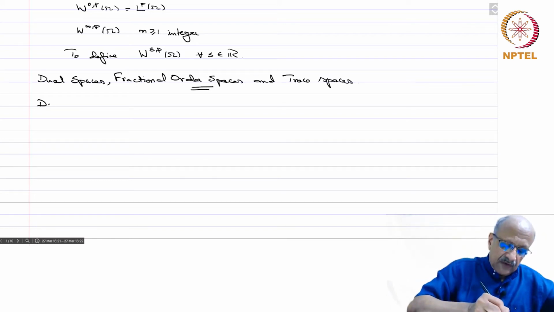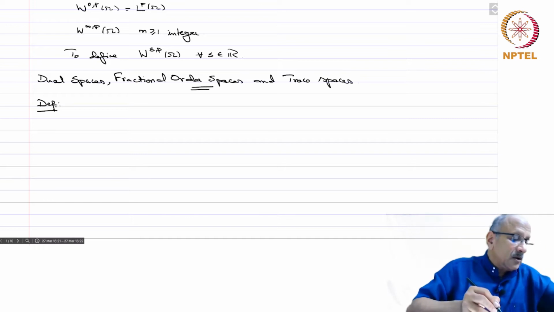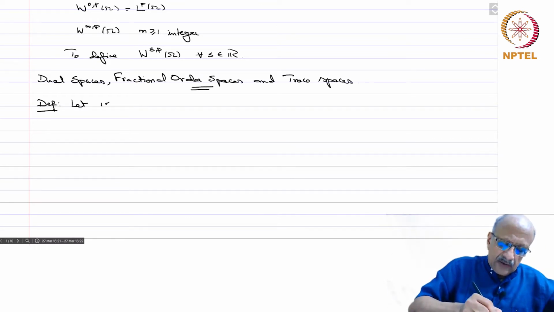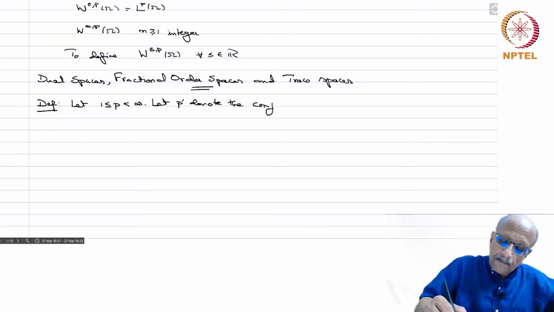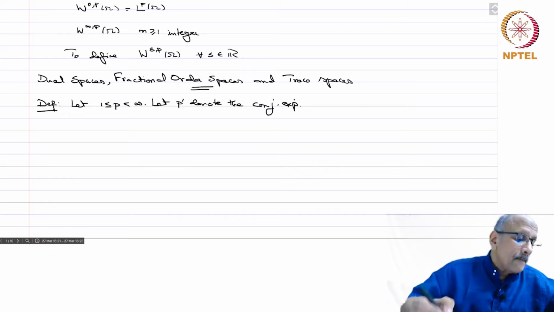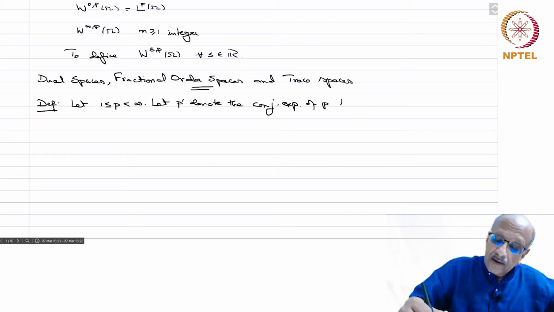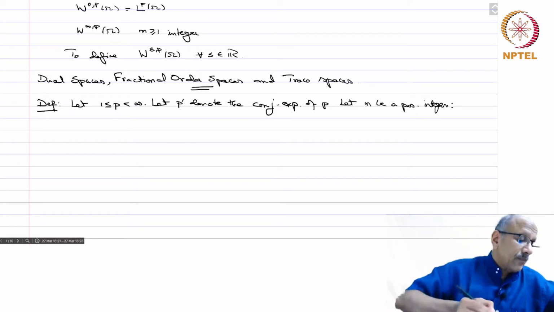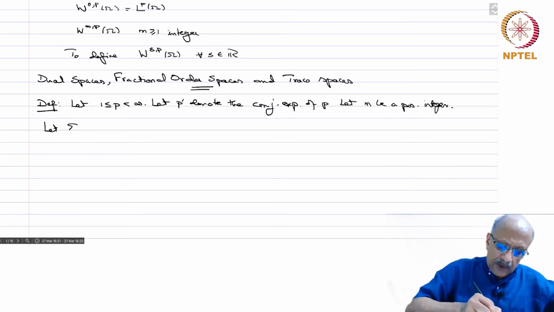So we have the following definition. Let 1 less than or equal to p less than infinity. Let p dash denote the conjugate exponent of p. Let m be a positive integer. Let omega contained in Rn be an open set.